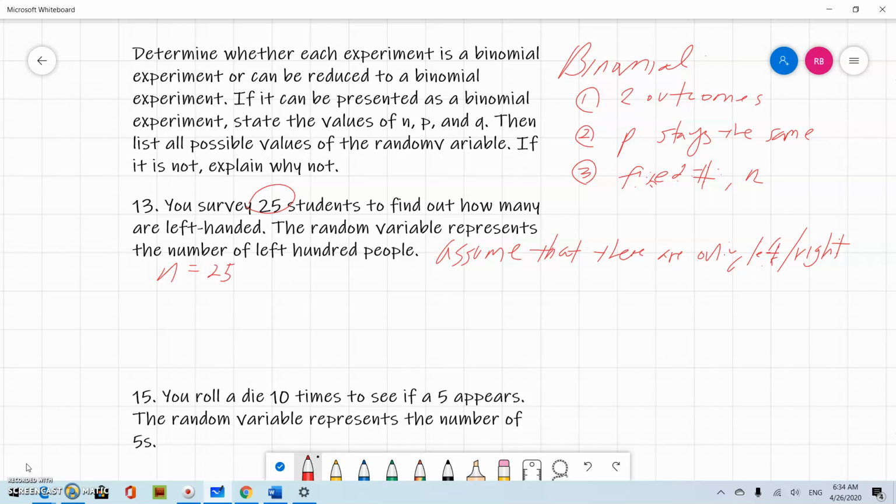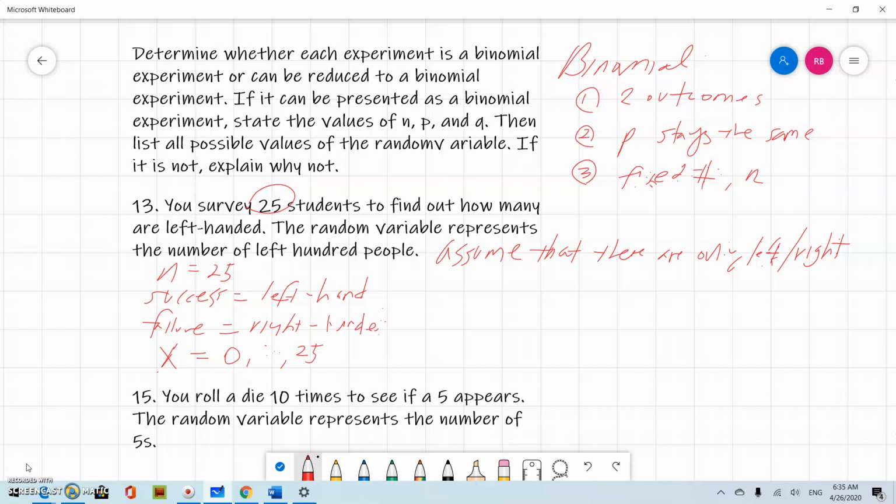So the success would be defined as a left-handed person. And then the failure will be determined as right-handed person, right? So then the random variable x can be anywhere from 0 to 25 people, although it's very unlikely that you could have all 25 people left-handed.